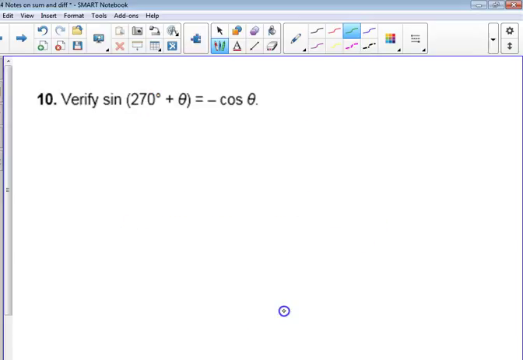Okay, can you try this one? Just use theta.